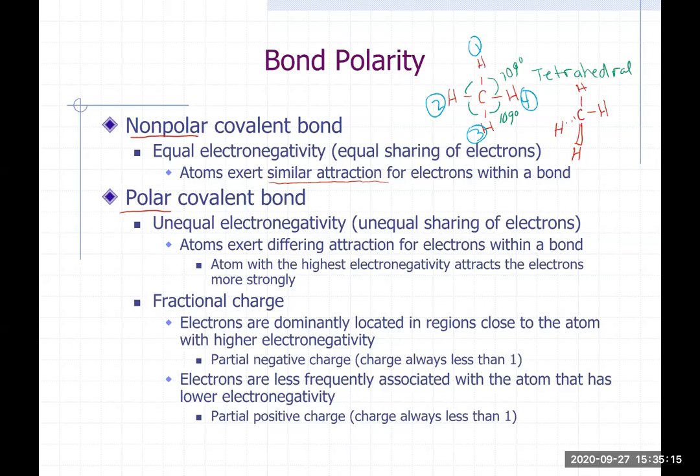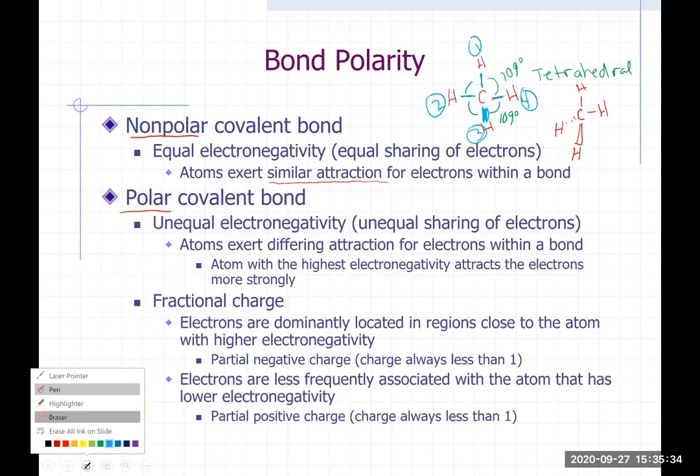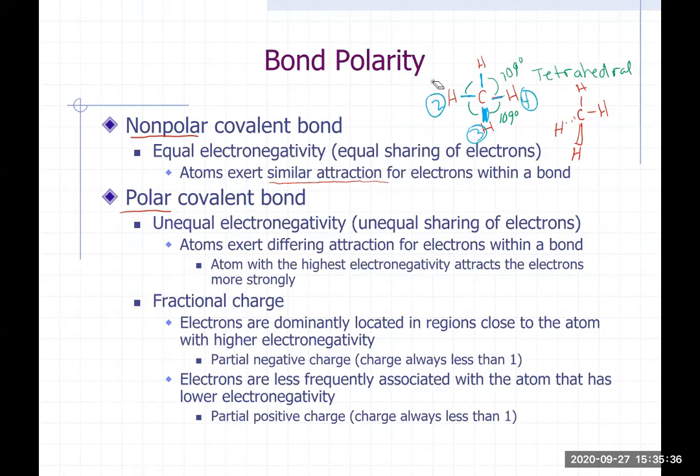However, each one of these bonds between the hydrogen and the carbon are not equivalent. They're not equivalent. We have a carbon on one end, and we have a hydrogen on the other end. So if we just focus on each one of those bonds now independently, the hydrogen on one end, the carbon on the other end.